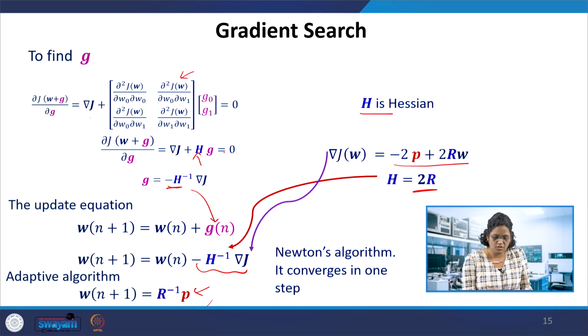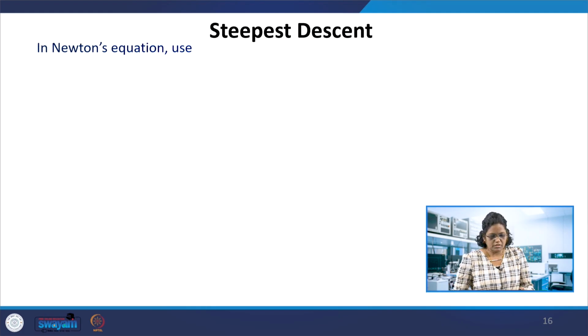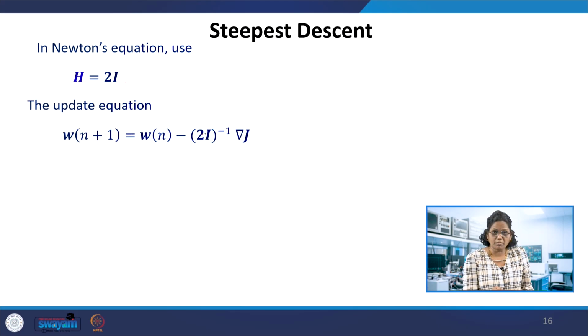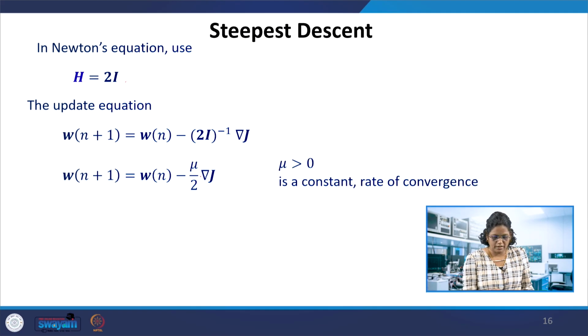So in the gradient search, by finding G, we find the direction in which the weight vector needs to be updated. Similarly for the steepest descent, we have the Newton's equation, but H, instead of being 2R, is equal to 2I, the identity matrix, where the descent would be steepest, and we keep going in this direction. If H is replaced with 2I, the update is going to be 1 by 2 del J, where I is the identity matrix, and there is a constant mu, greater than 0, which is called the rate of convergence.